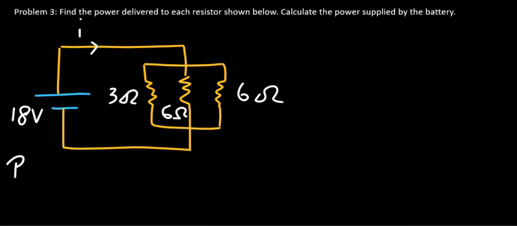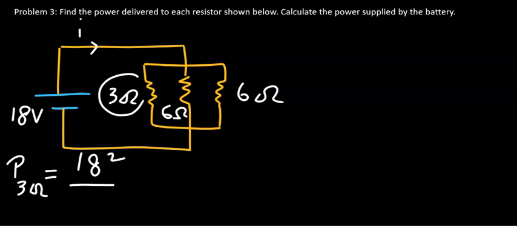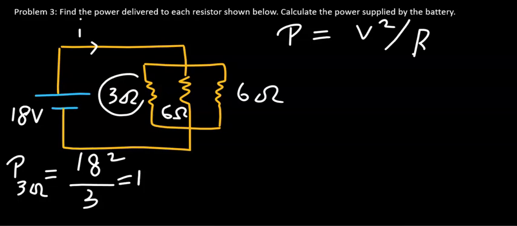So the power delivered to the 3 ohm resistor is quite simply the potential difference across that resistor, which in this case is 18, squared over the resistance, which is 3 ohms. Remember the alternative expression for power delivered to a resistor, which is the potential difference across that resistor squared over the resistance of that resistor. So in this case, it's 108 watts.